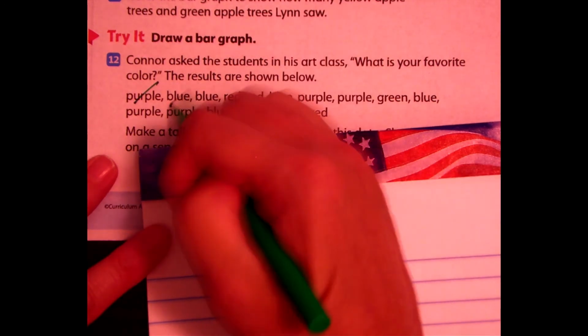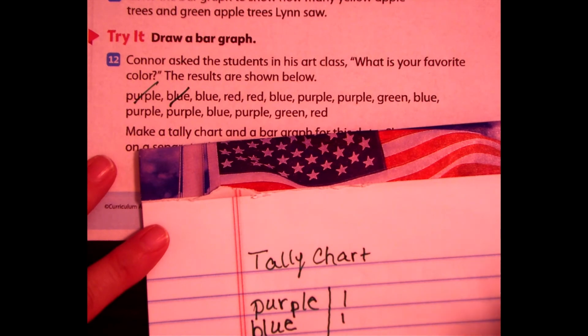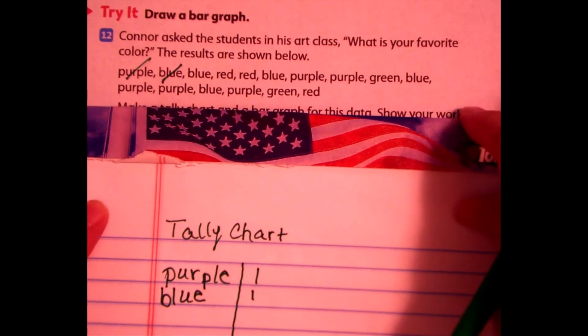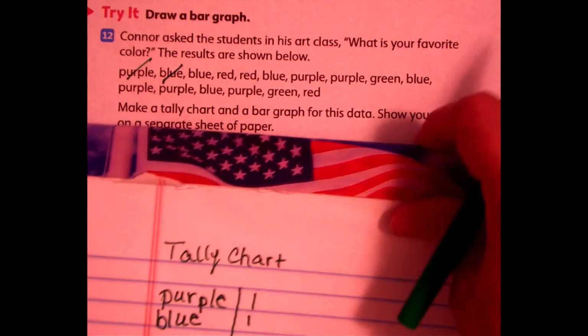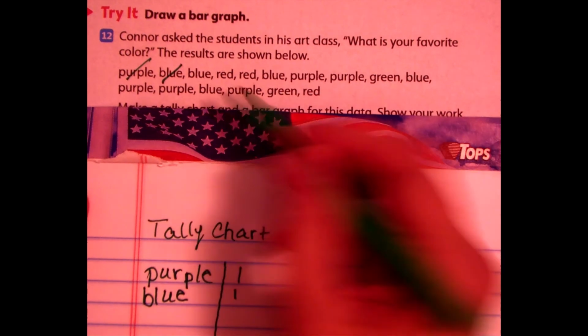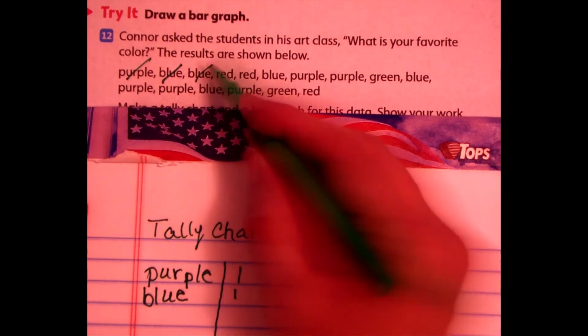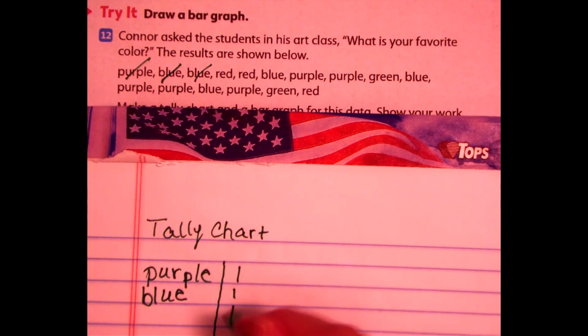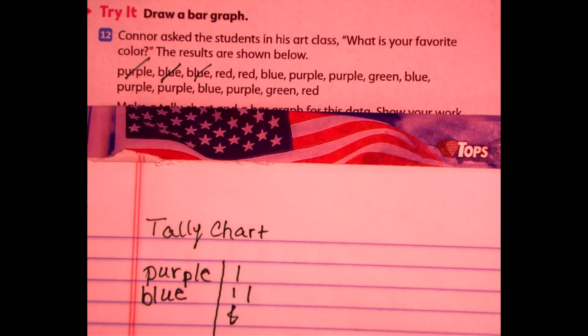And I'm going to cross blue off my paper. Okay, so we're going to make a tally chart and a bar graph. Okay, great. Then there's another blue. And cross that off and put blue here. Oops, not there. Blue here.